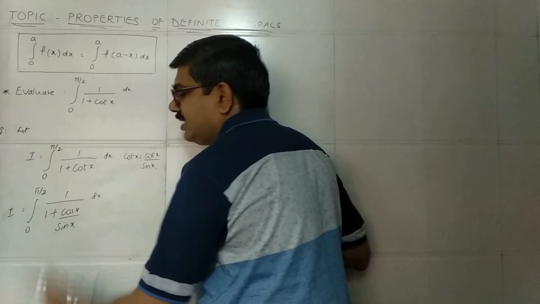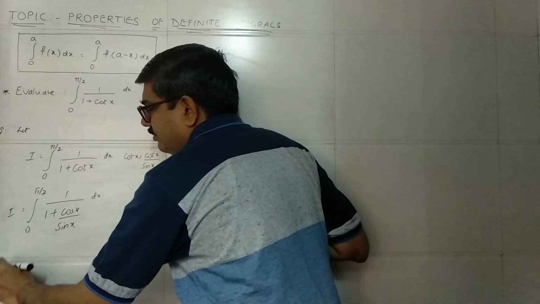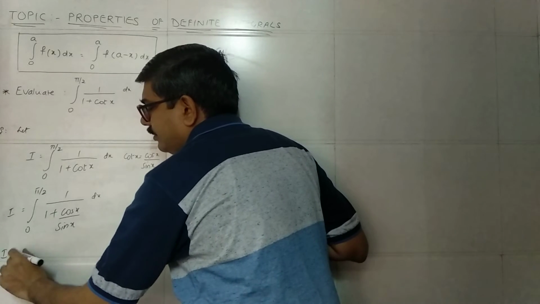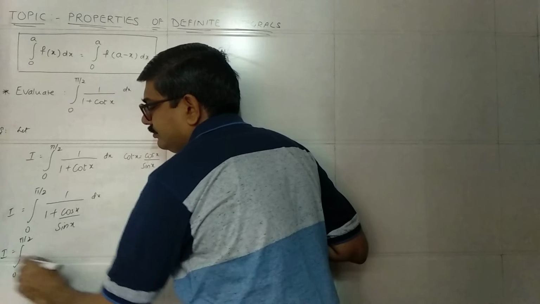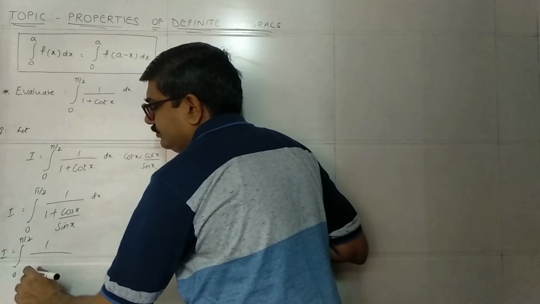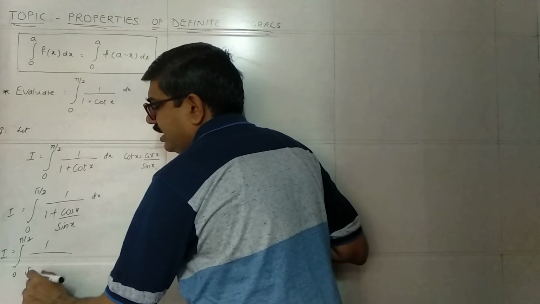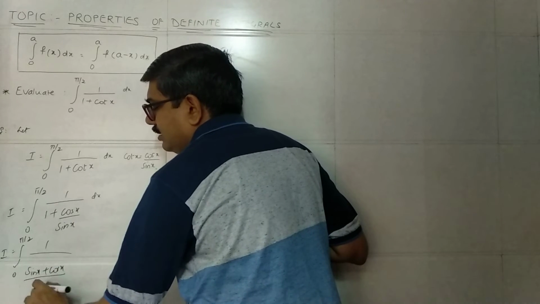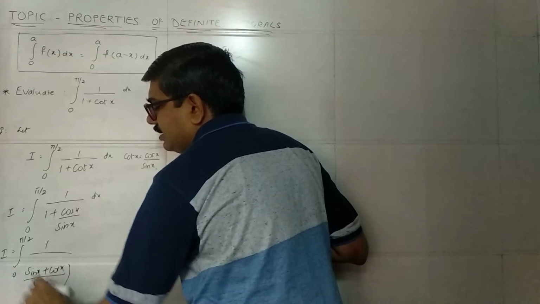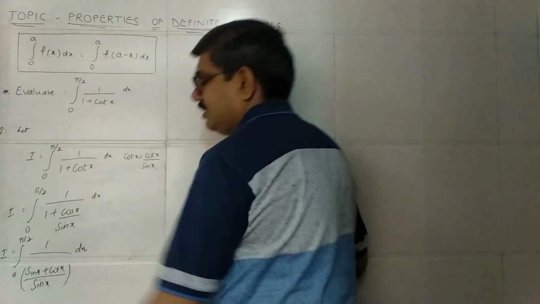Now take LCM of these two terms. I is equal to integral 0 to pi by 2, 1 upon sin x into 1 is sin x plus cos x upon sin x dx.